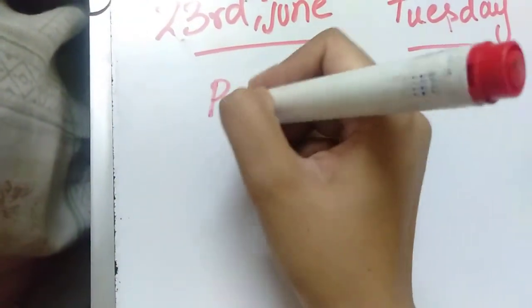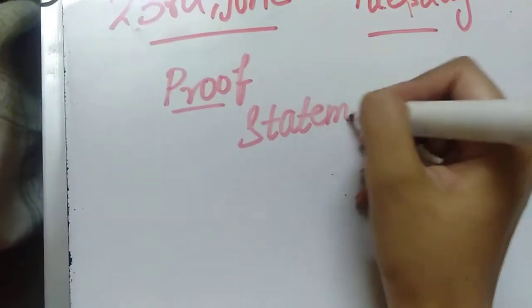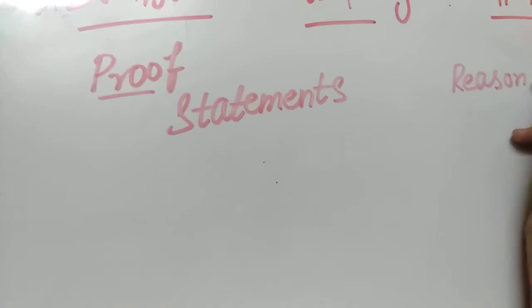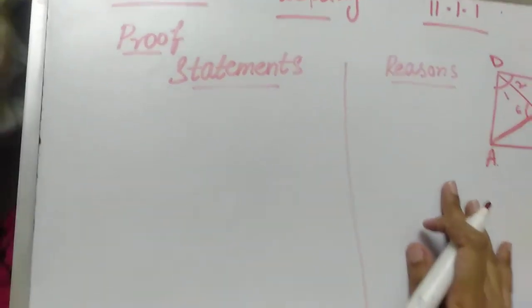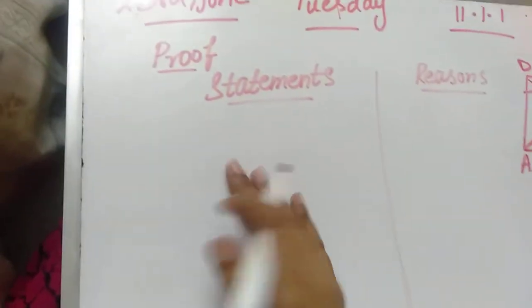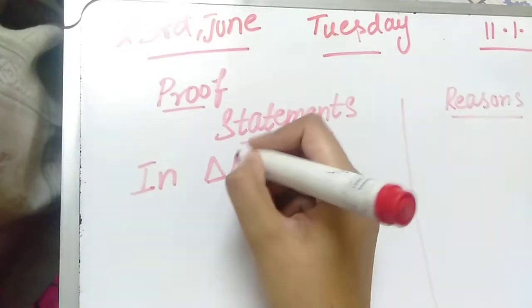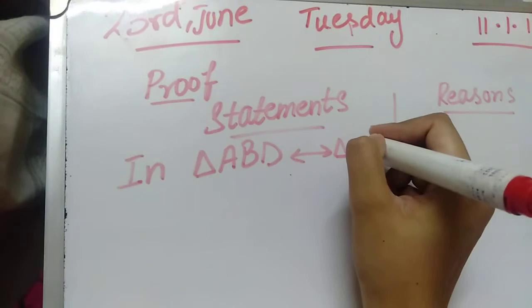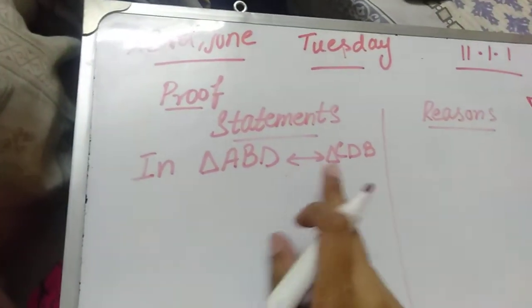So see the diagram along with the proof statements. In the first step, I am comparing triangle ABD with triangle CDB.